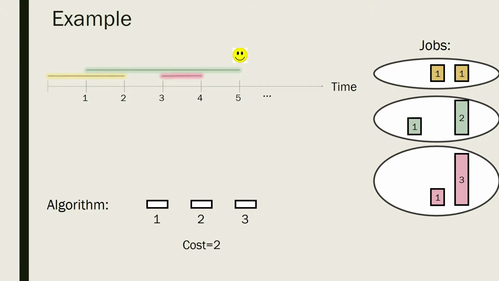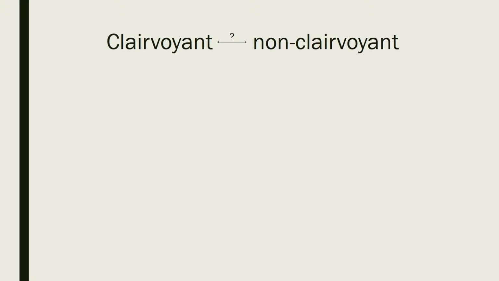Yes? That's the next slide, so that's exactly what we are discussing. Excellent. Clairvoyant versus non-clairvoyant. The question is: upon arrival of a job, do I know the duration or not?